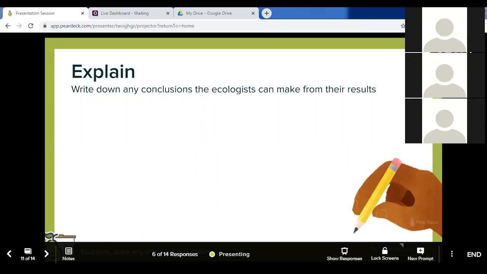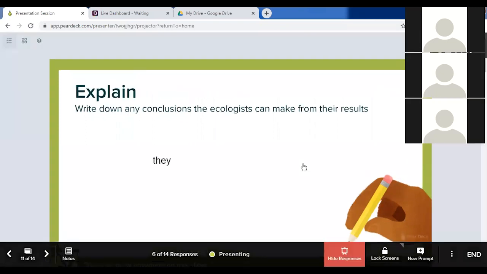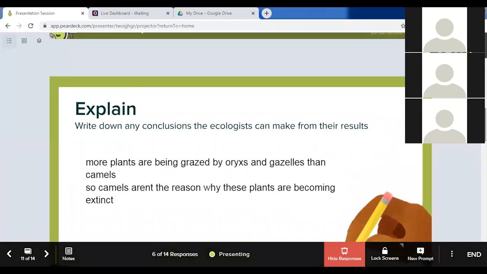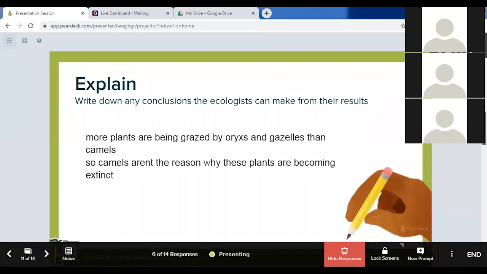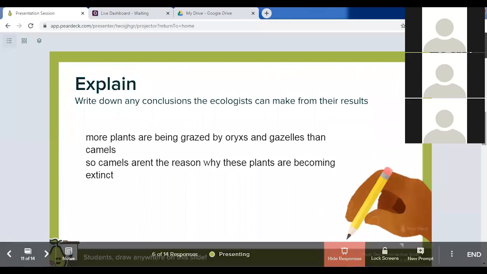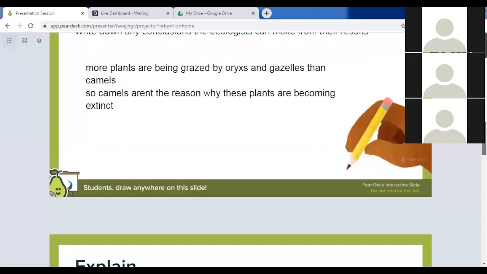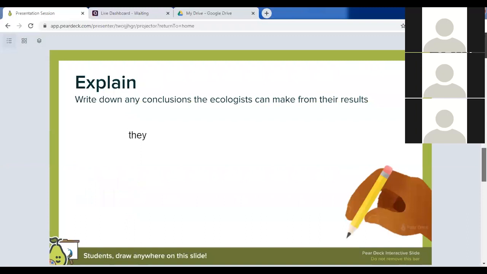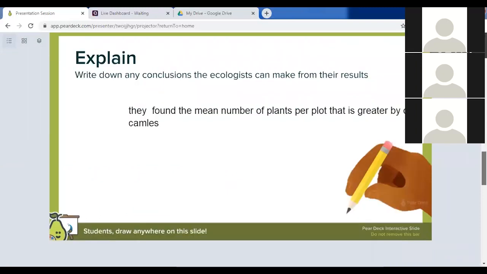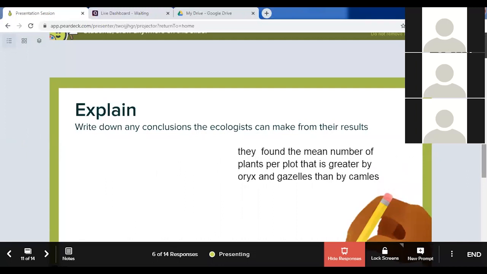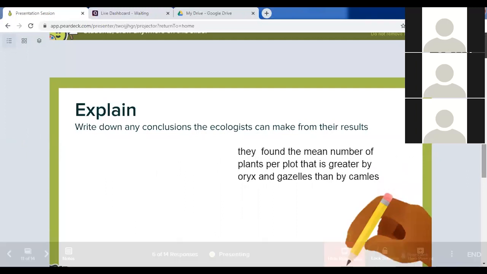So I have some responses, some answers here. Let's see. More plants are being grazed by oryx and gazelle than camels. So camels are the reason why the plants are becoming extinct. We found the number of plants per plot is greater with oryx and gazelle than with camels.